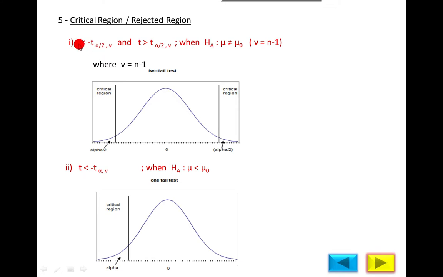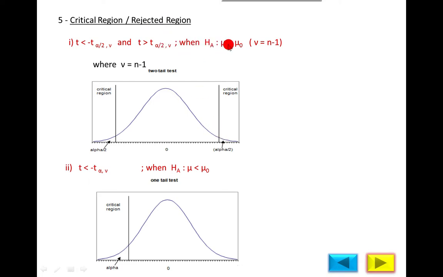If the calculated t value is less than the negative table value, it lies here, and if the calculated t value is greater than the table value, it lies here. This indicates the critical region, so we will reject the null hypothesis. This area represents the critical region, also called the rejected region.